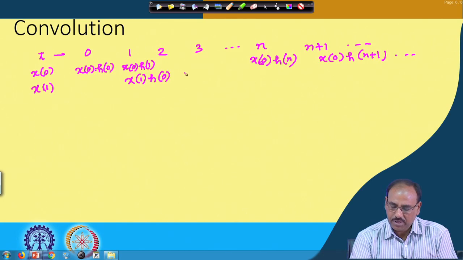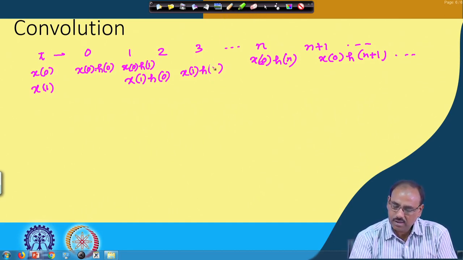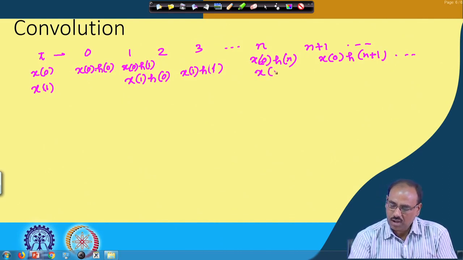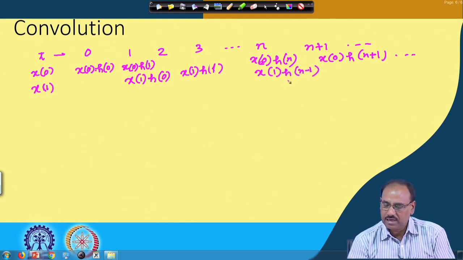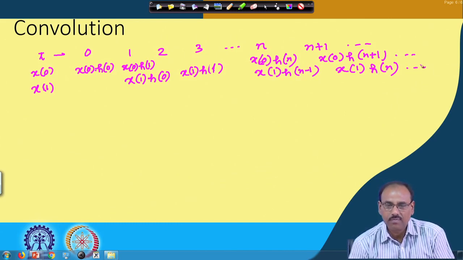Similarly, here it will be x1 h1, which will be available at time instant 2. Here it will be x1 h n minus 1, which will be available at time instant n. Here it will be x1 hn, which will be available at time instant n plus 1, and so on.